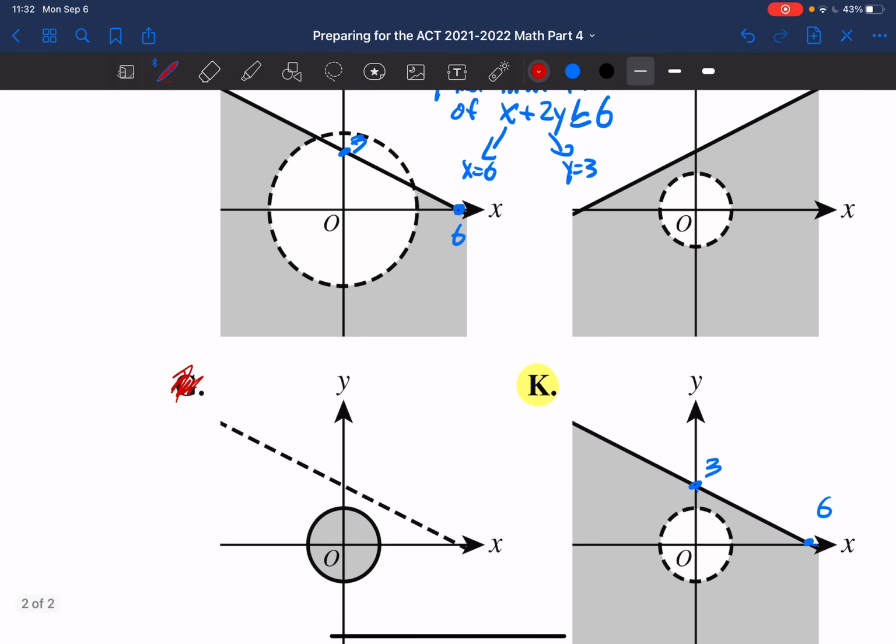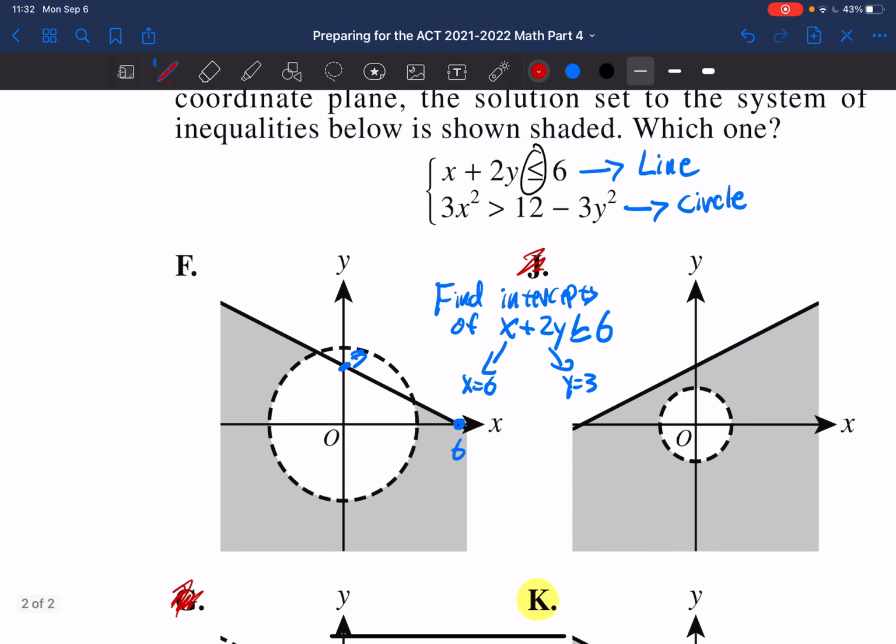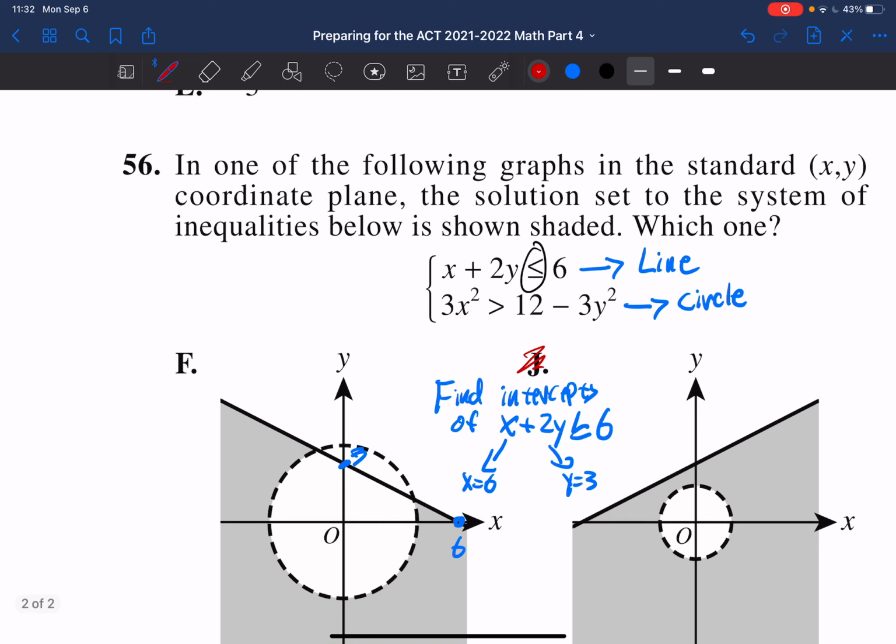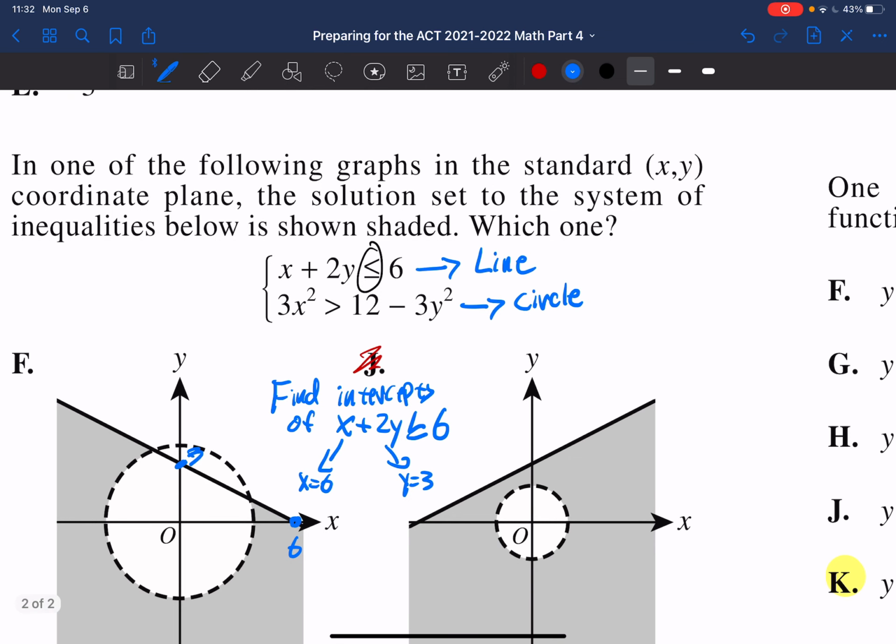So now the difference is, well, how big should this circle be? So for the circle, I've got 3x squared greater than 12 minus 3y squared. Let's move this over. Plus 3y squared less than 12.